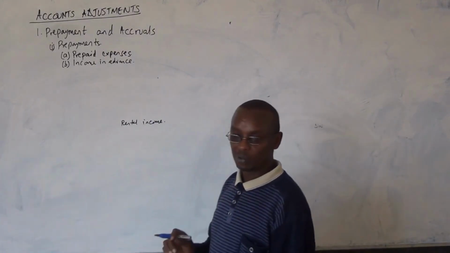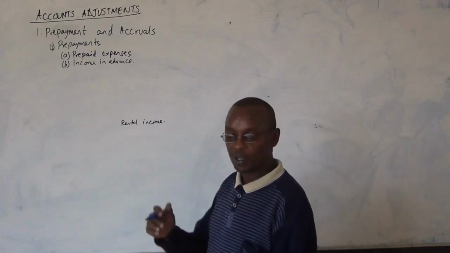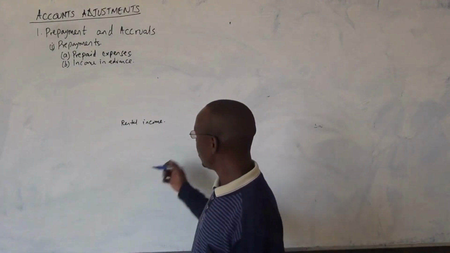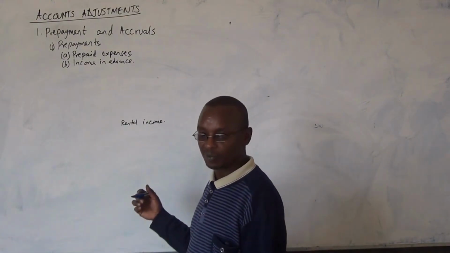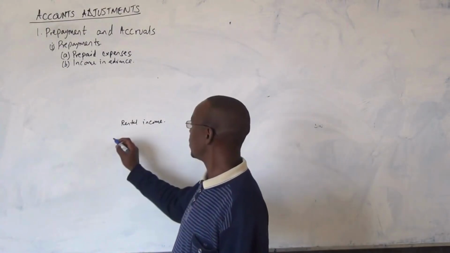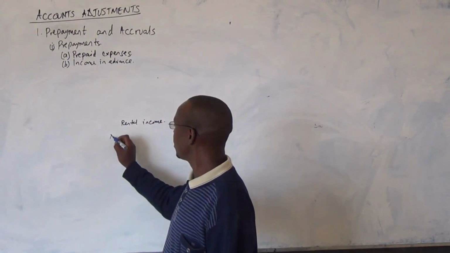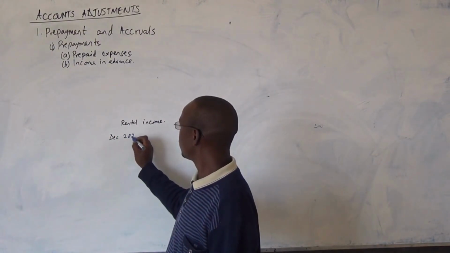How do you pay the rent? You pay in advance. Somebody has paid rent for January. We are in December 2024.